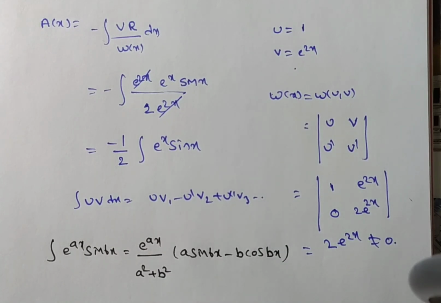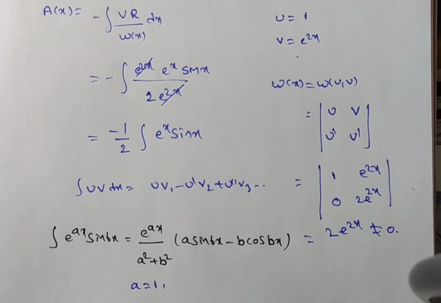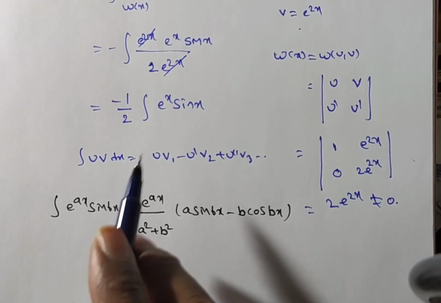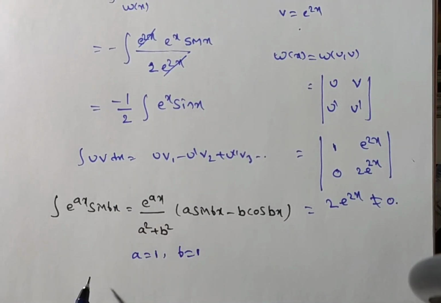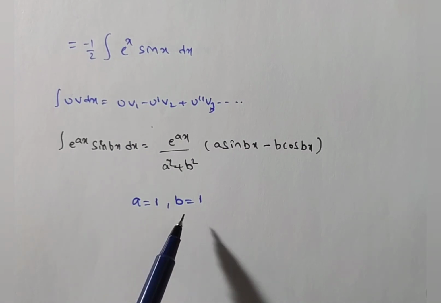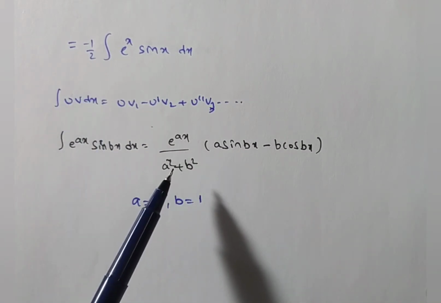Okay, now you compare the given integral with this formula. Then a is equal to what here? A is equal to 1, and sin x means sin bx, so b is equal to 1. You substitute a is equal to 1, b is equal to 1 in the above formula.